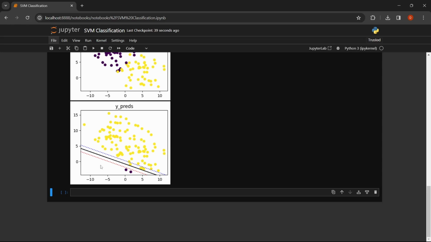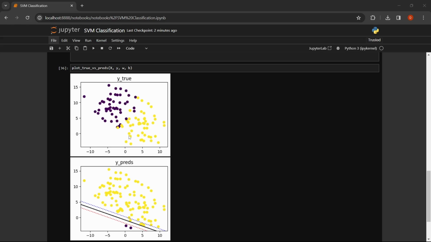Whereas everything on the bottom, near this red dotted line, is going to mark the failing grades, or the -1 case. And looking at both of these graphs, we can see that there's a lot of inconsistency between y true and y preds. So let's go ahead and calculate the loss for each training data point using the Hinge loss function, and then we can plug that into our cost function to get the cost of our overall model given some weight and bias value.